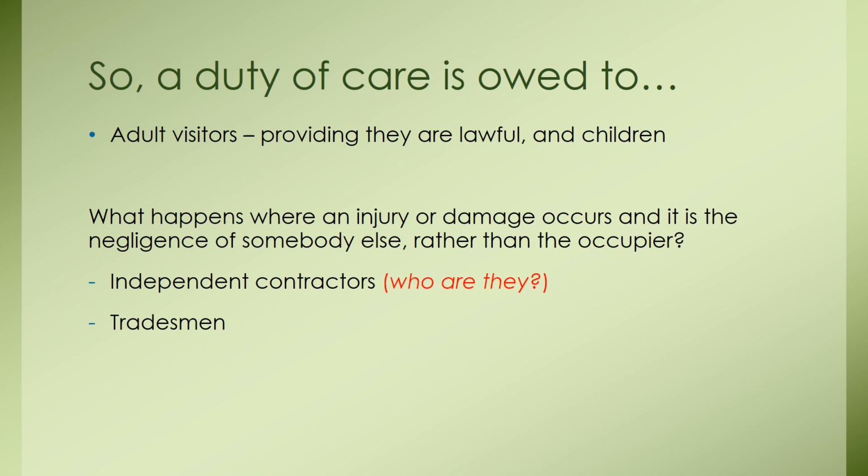Draw a line across to visitor, so in this situation it could be student, and then in the middle you've got a potential break in that relationship where you might want to write independent contractor.